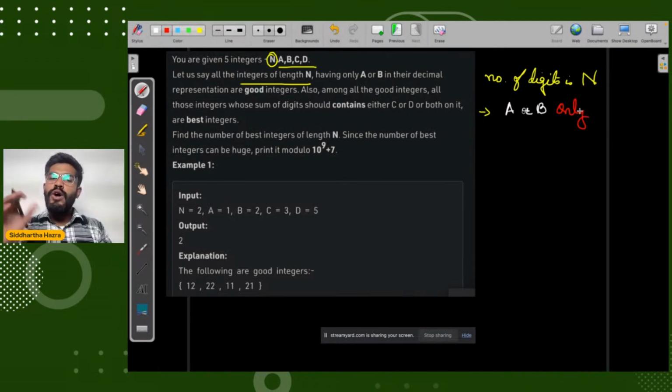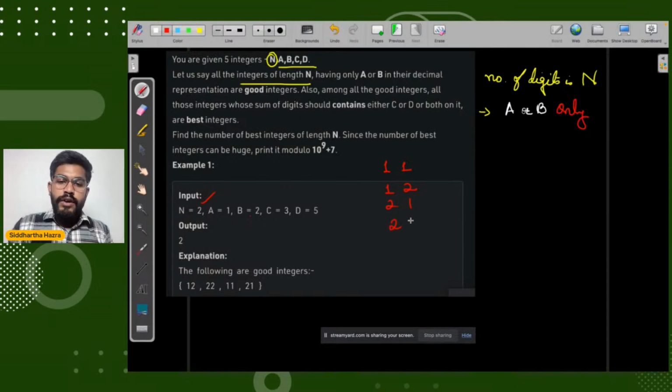So all the numbers which are n digit and consist of only a and b. Let's say a is 1 and b is 2 and length is 2. What I can have is 1 1, then 1 2, then 2 1, just the reverse of it, then 2 2 itself.